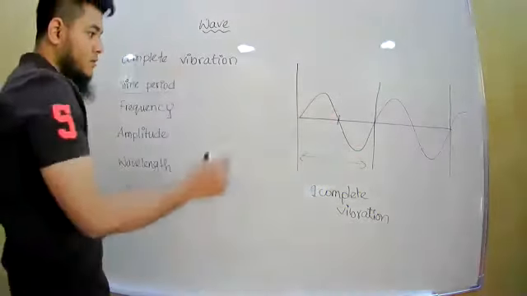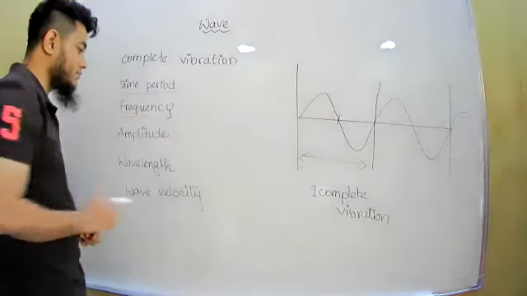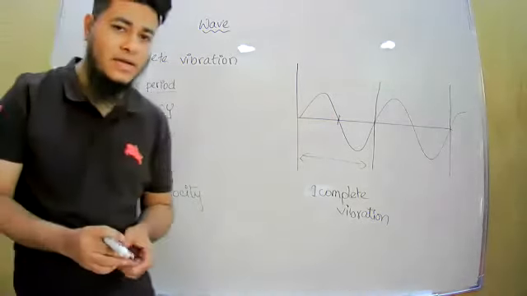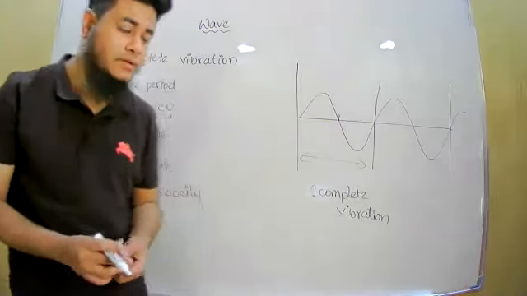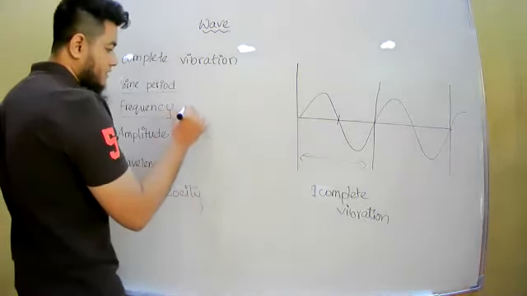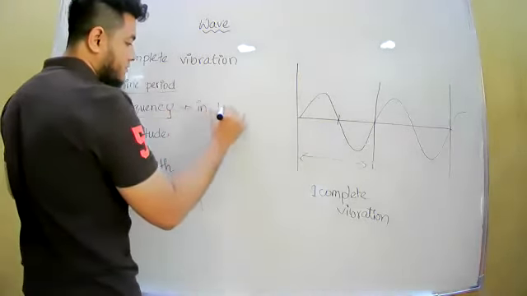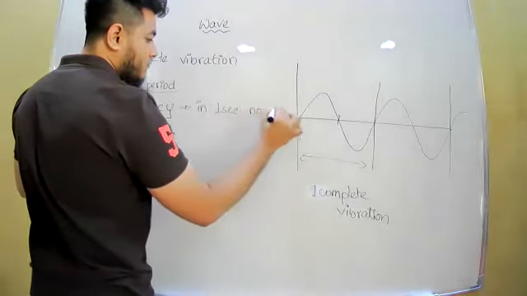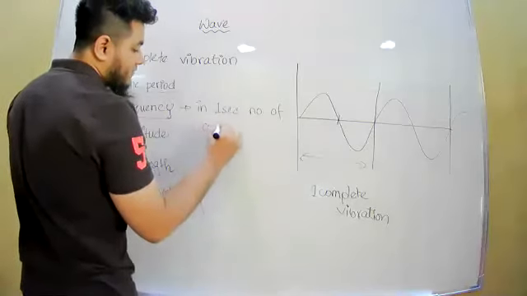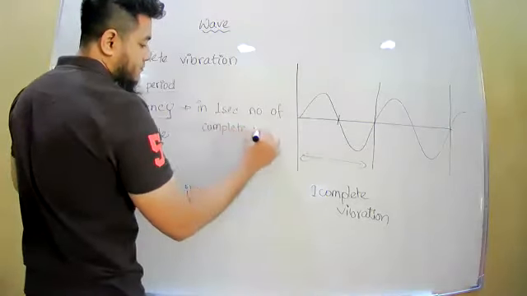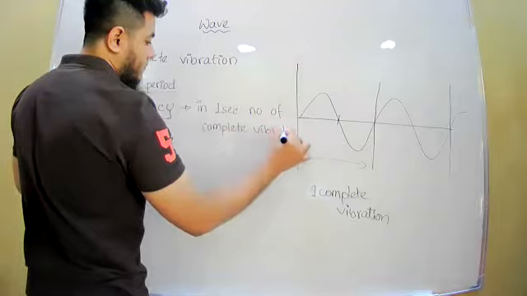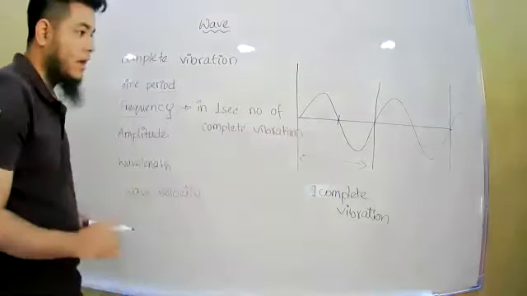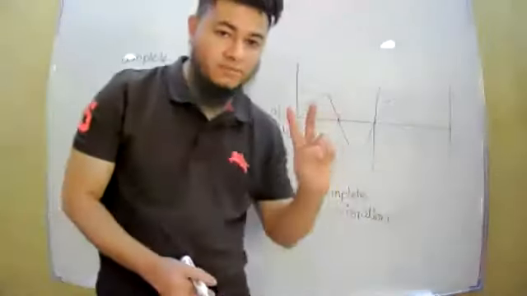Then frequency. In 1 second, how many vibrations are being completed? Frequency is the number of complete vibrations in 1 second. Now, here we have two complete vibrations, right?